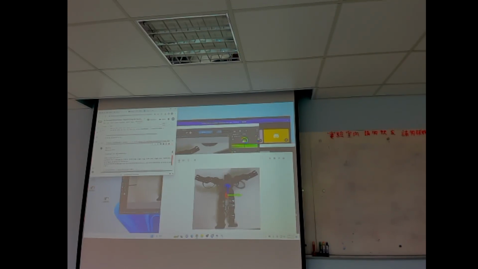X is always red and Y is always blue. That's it. Okay, and then to move to this one, we turn along the Y. Then we choose to go here or go here.